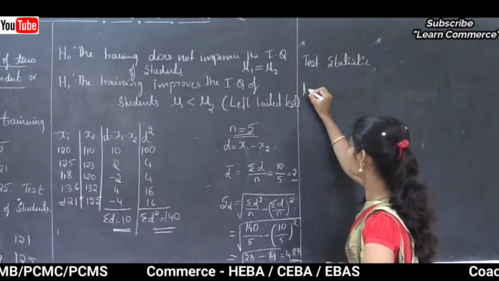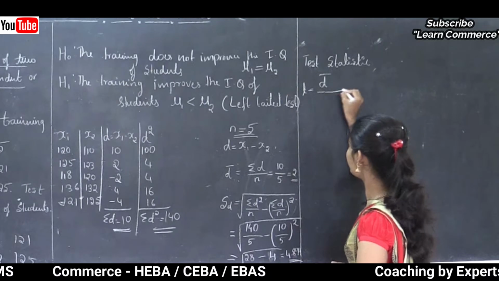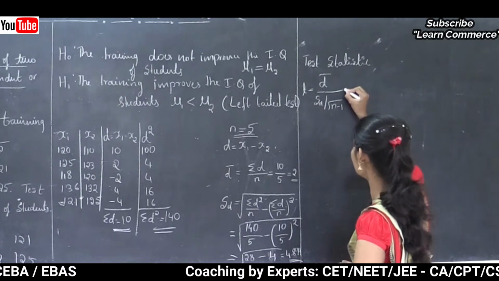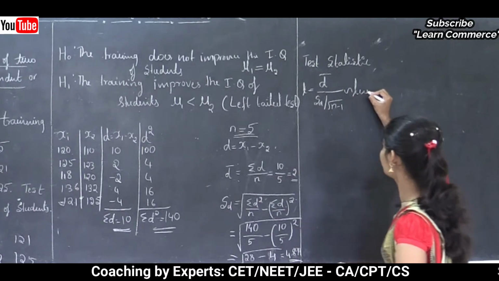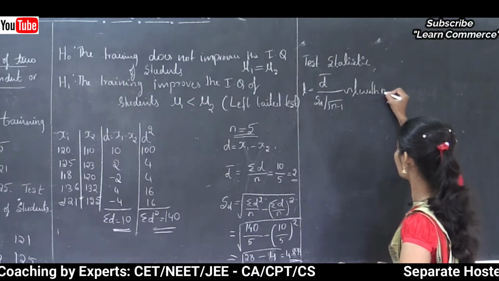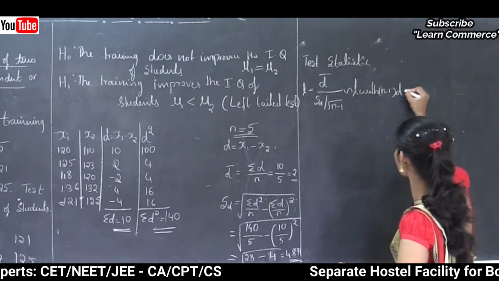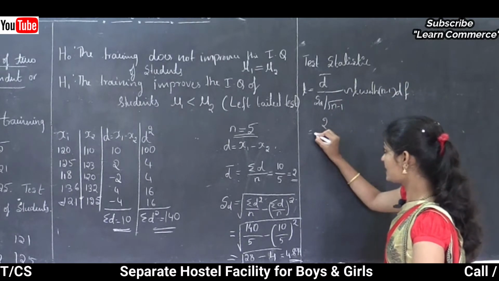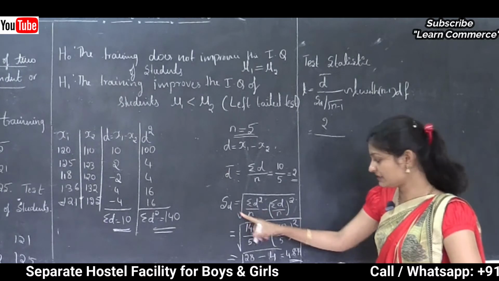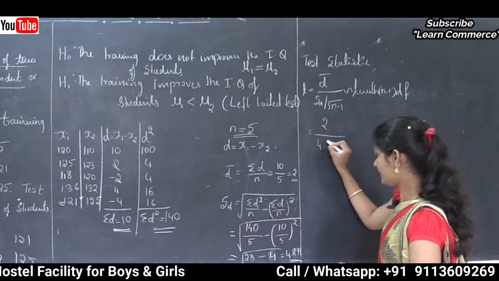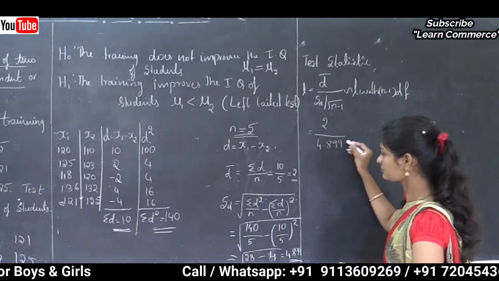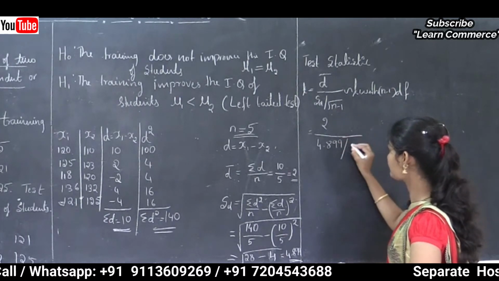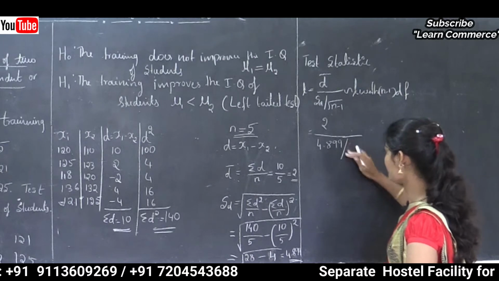Okay, now the test statistic is T equal to D bar divided by SD divided by the square root of n minus 1, which follows T with n minus 1 degrees of freedom. Here the D bar value is 2, and 2 divided by the SD value 4.899, divided by the square root of n minus 1.